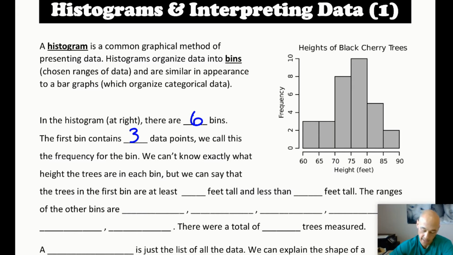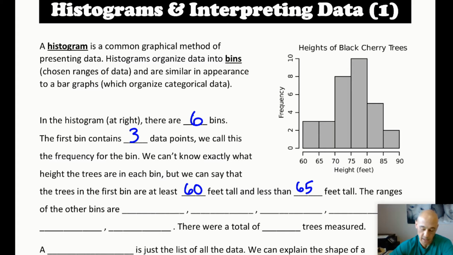They are at least 60 feet tall, no less than 60 feet, and they're up to, but not including, 65 feet tall. So we can say that the trees in the first bin are at least 60 feet tall and less than 65 feet tall.